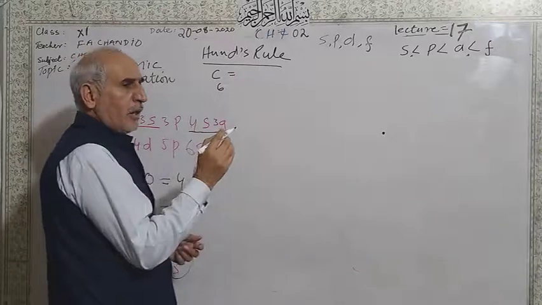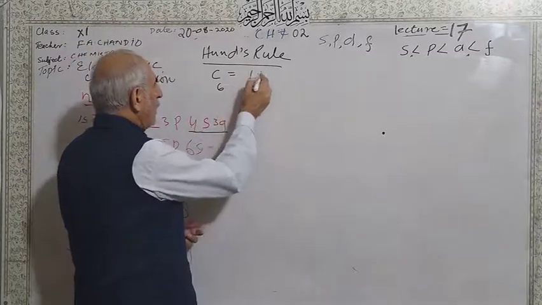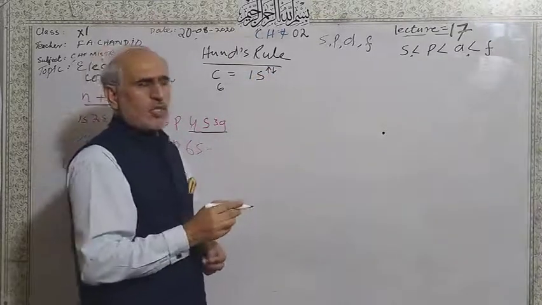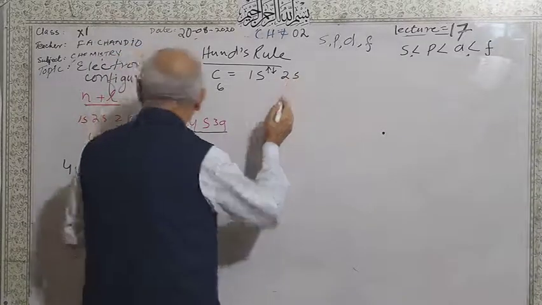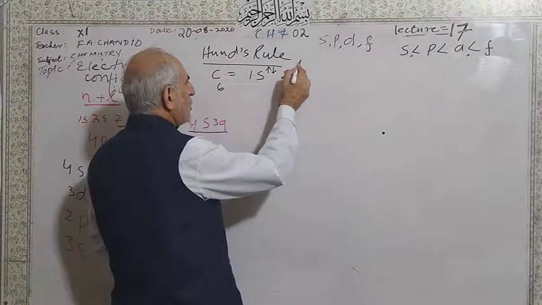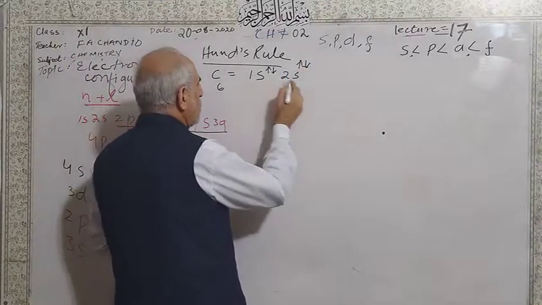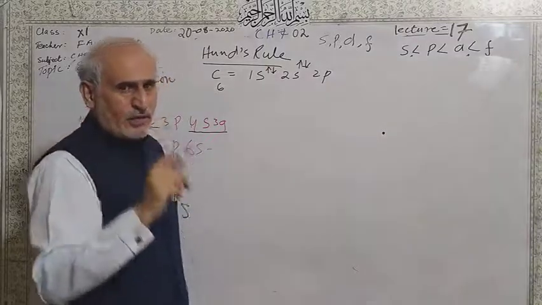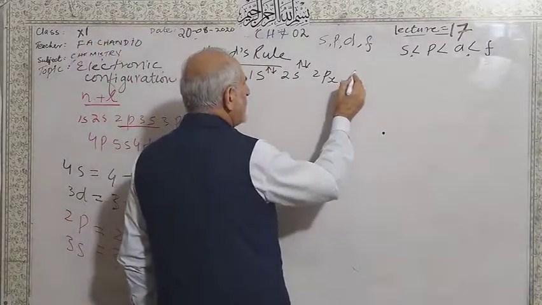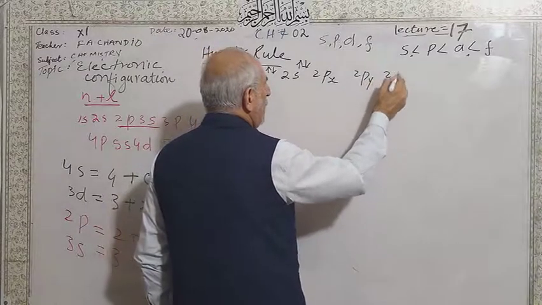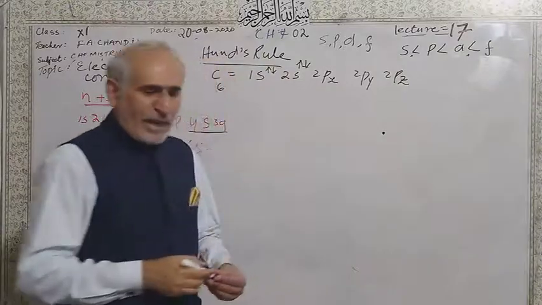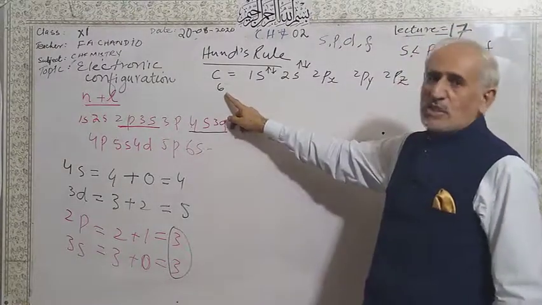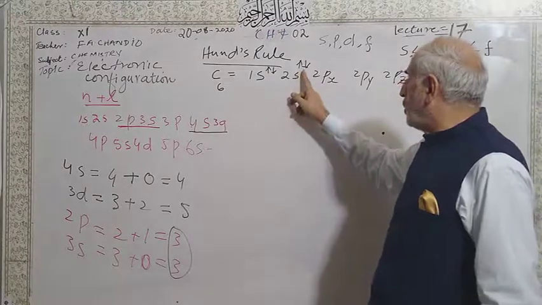According to the Aufbau principle, 1s has 2 electrons with opposite spin according to Pauli's exclusion principle, then 2s, and again there must be 2 electrons: 1s2, 2s2. p has 3 degenerate orbitals with the same energy, 2px, 2py, and 2pz. 2 and 2 is 4.